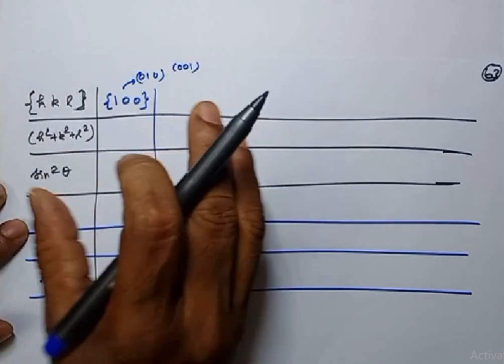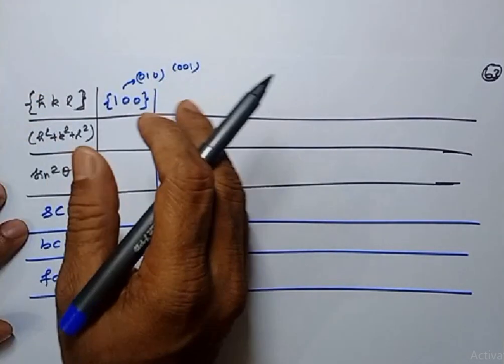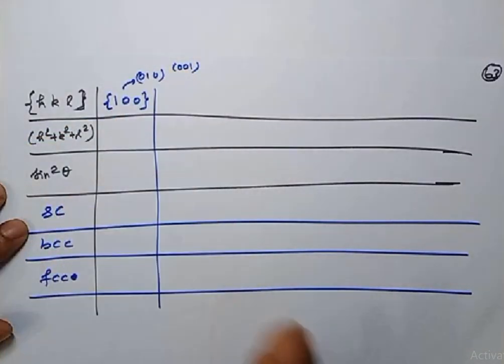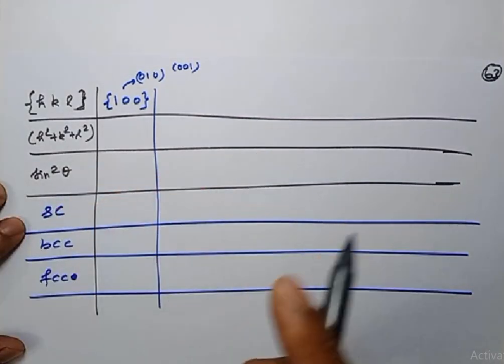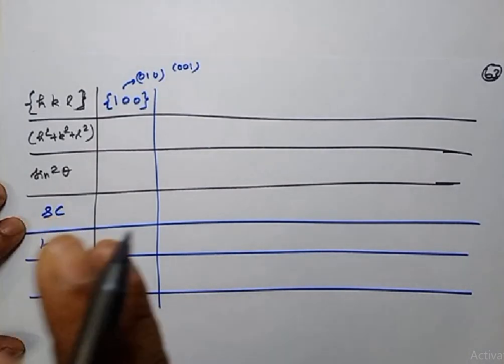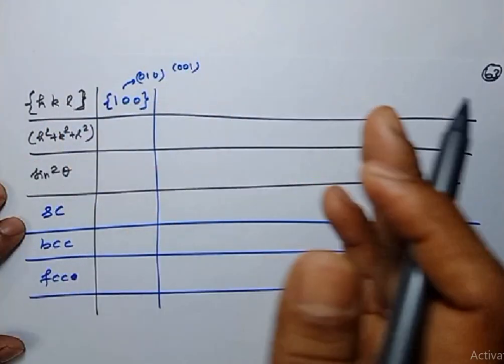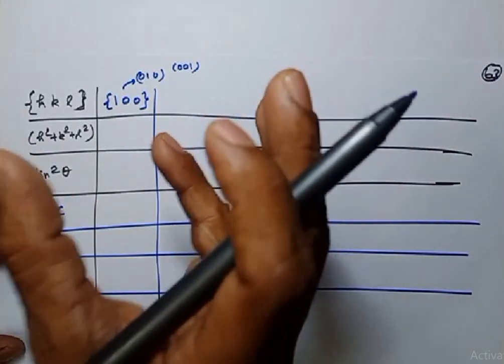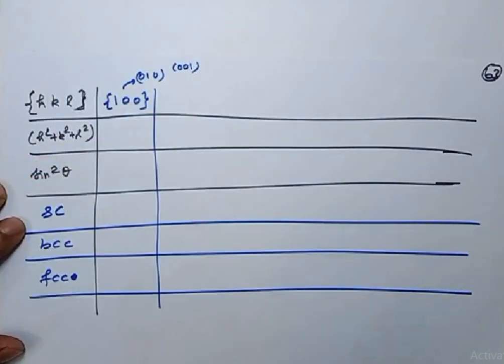All these planes are called family of planes. All these planes will give rise to one signal in XRD. They belong to one family and they will give one signal.